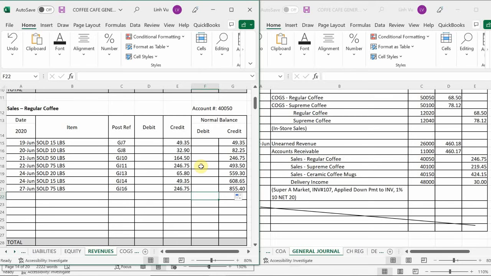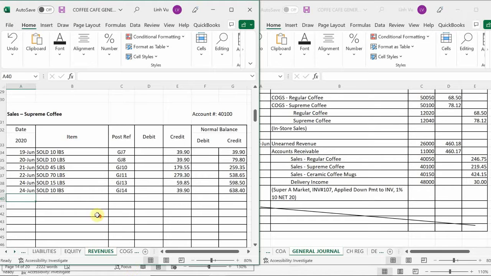What's the cent sign? Um, for what? The previous one? Yeah. It should have been 608.65. Okay. $855.40. Okay.